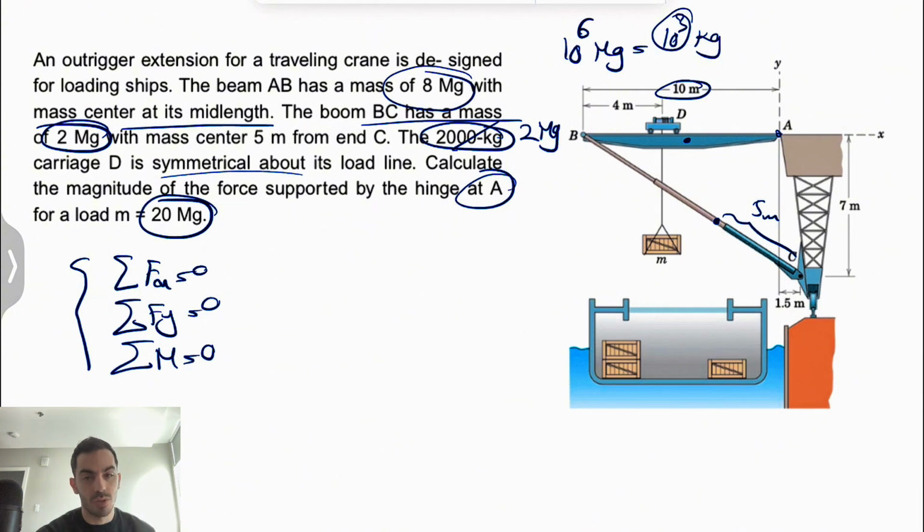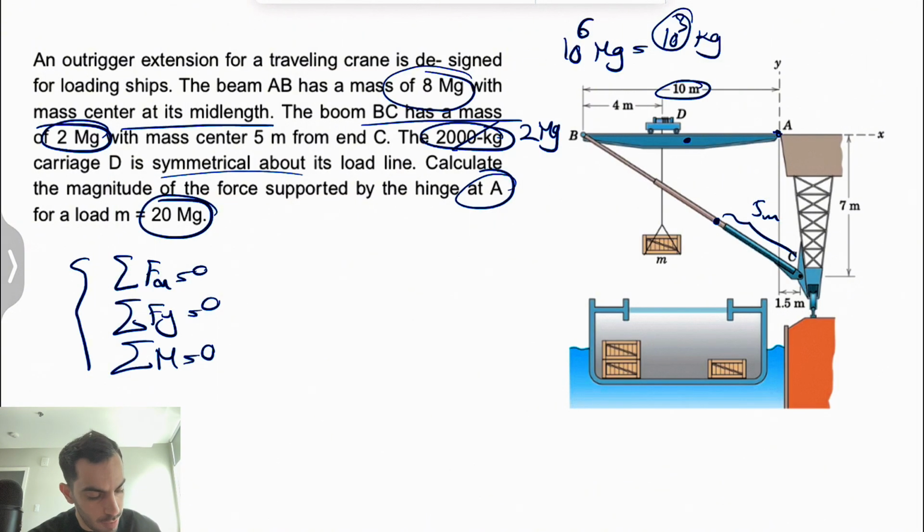But before that, we need to dismantle the system. We're going to start with the top part, the member AB, and show all the forces that we have. After that, we're going to move to boom BC and see what we can find from that member.